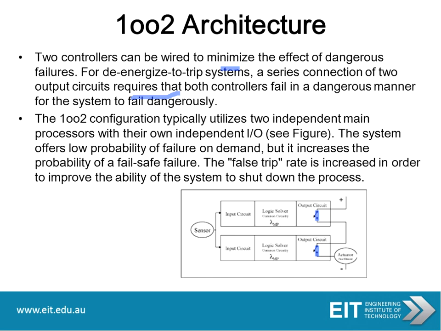So it's two independent main processors with their own independent input-output, and it offers low probability of failure on demand, but it increases the probability of a fail-safe failure. Now the false trip rate is increased in order to improve the ability of the system to shut down the process.